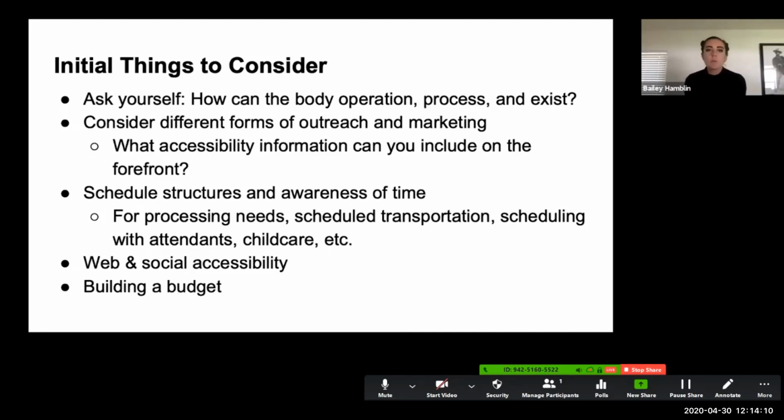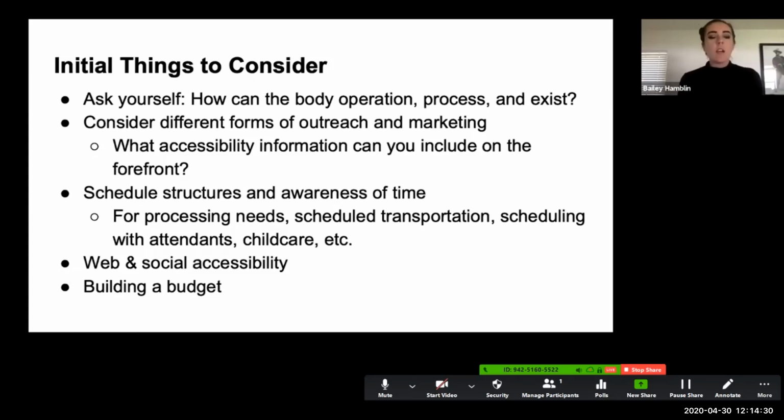Then, large scale, overall, when you're thinking about events and meetings, be aware of the overall structure of the schedule and awareness of time. Think about folks who need a little more time with transportation, either getting to an event or a meeting or moving in between sessions.